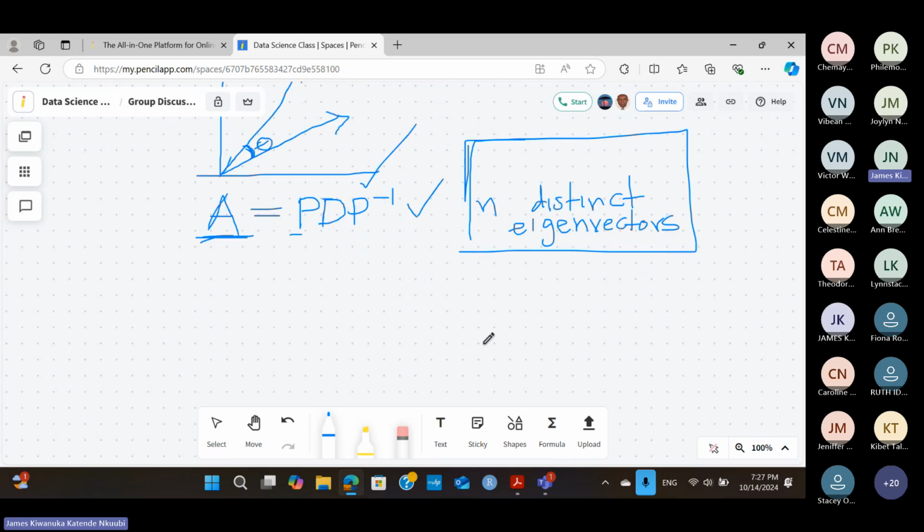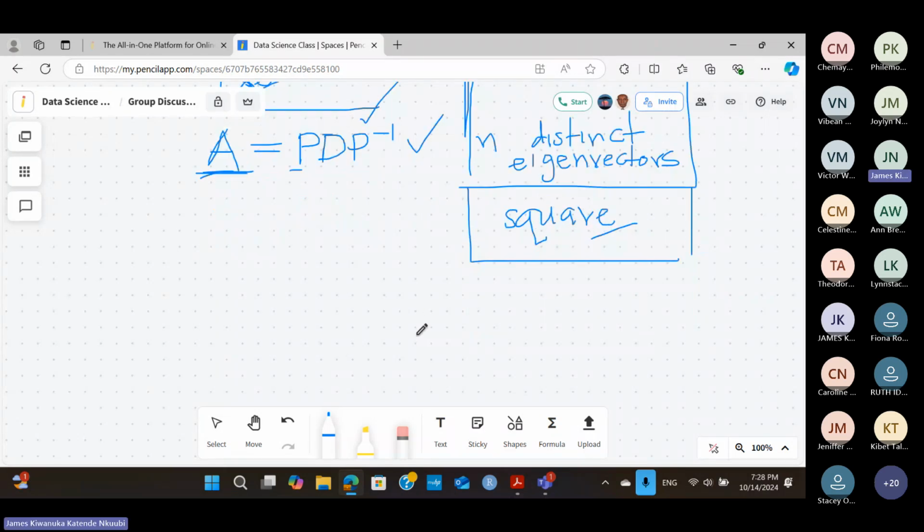It also only works for square matrices. This eigen decomposition only works for square matrices. So what if your matrix is not square? What happens? So that's where singular value decomposition comes in, usually known as SVD.